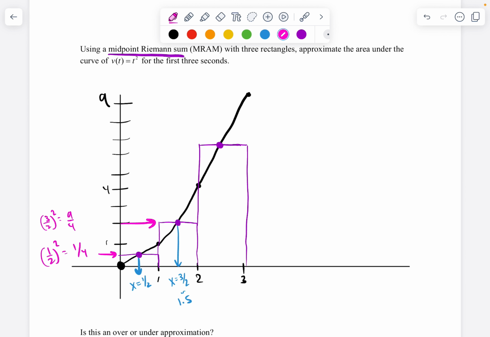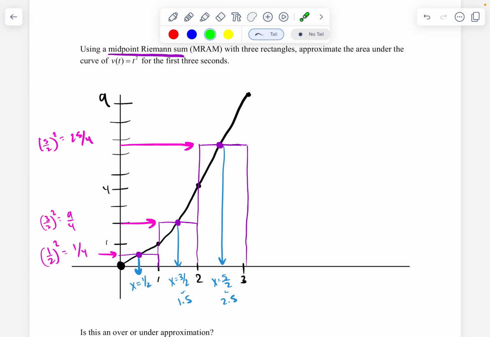Which you could simplify if you want to, or keep it as 9/4. And this final one, the x value is going to be 2.5 or 5/2. To find that y value, that's going to be 5/2 squared, which is 25/4.